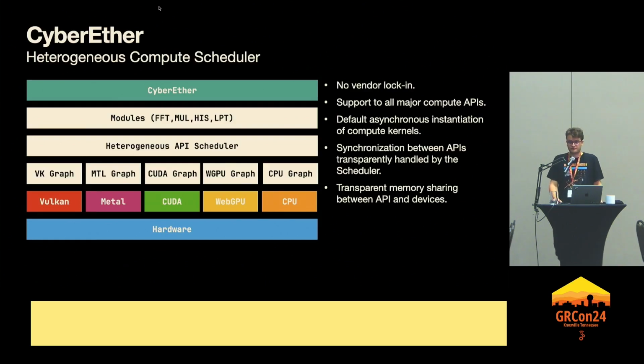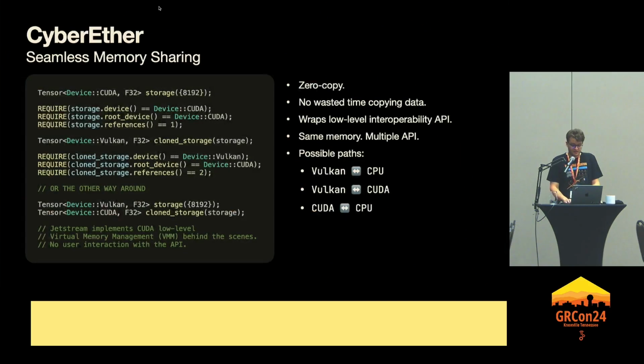And also, transparent memory sharing between APIs and devices. For example, if you allocate memory with Vulkan, you can't use it directly with CUDA unless you're using CyberEther, or if you write like 500 lines of code to make it work. CyberEther has a much nicer way. If you allocate memory with CUDA, for example, you have the first line there: you allocate an array of float32s on CUDA. You can check that the root device is CUDA and the references are one.